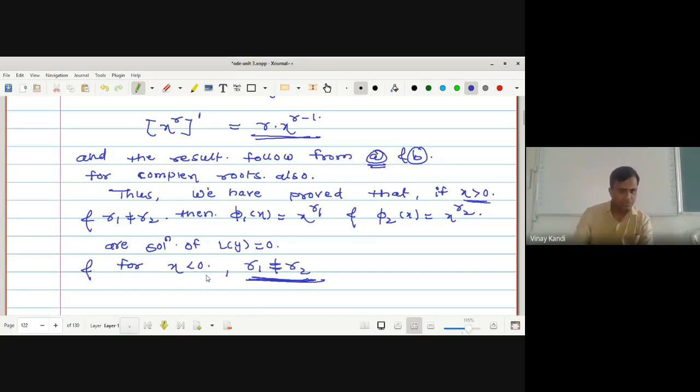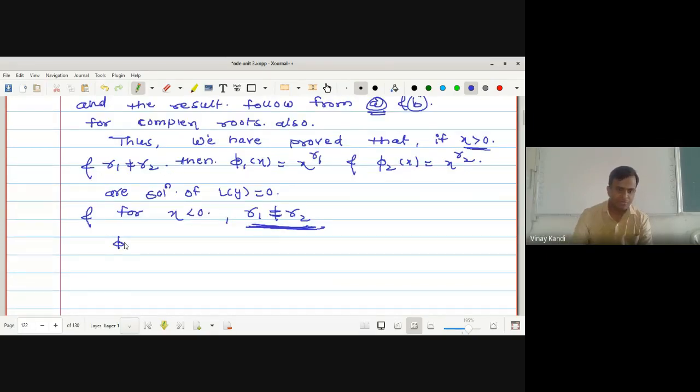For x is less than 0 if r1 and r2 are distinct roots. Okay, so here we also get from part b phi 1 of x काय येईल तुमचा minus x raised to r1. Okay, and phi 2 of x is equal to minus x raised to r2 are solutions of L of y is equal to 0.